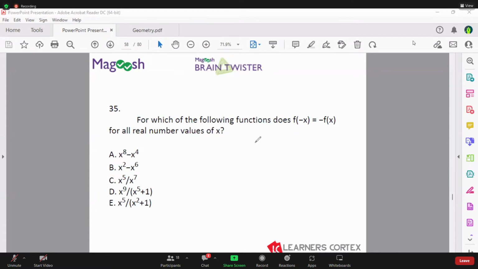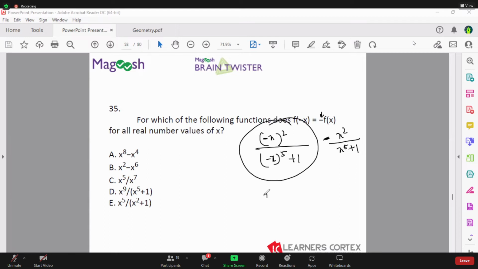For this here, if we are taking minus x, so minus x square over minus x to the power 5 and then plus 1, and for here it would become x square over x to the power 5 plus 1, and since there is a minus here, there will be a minus here. So this can be written as minus x to the power 5 plus 1. So yeah, makes sense.